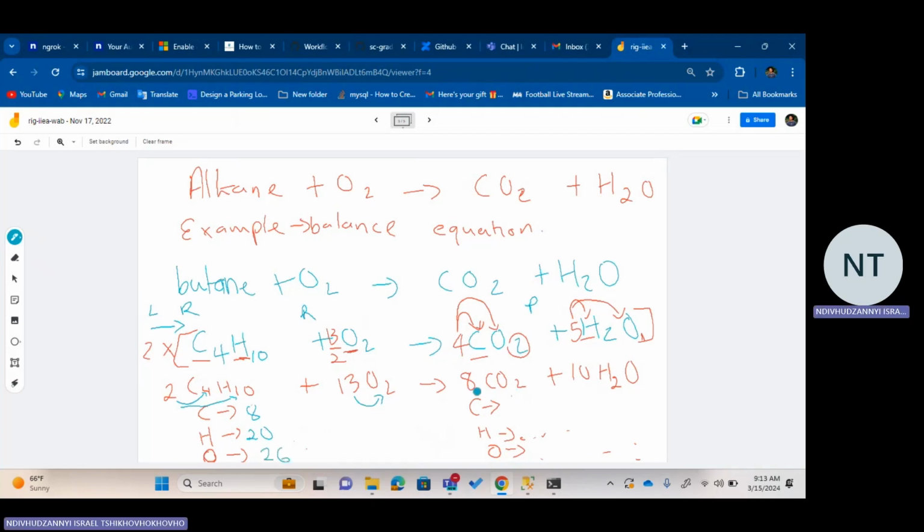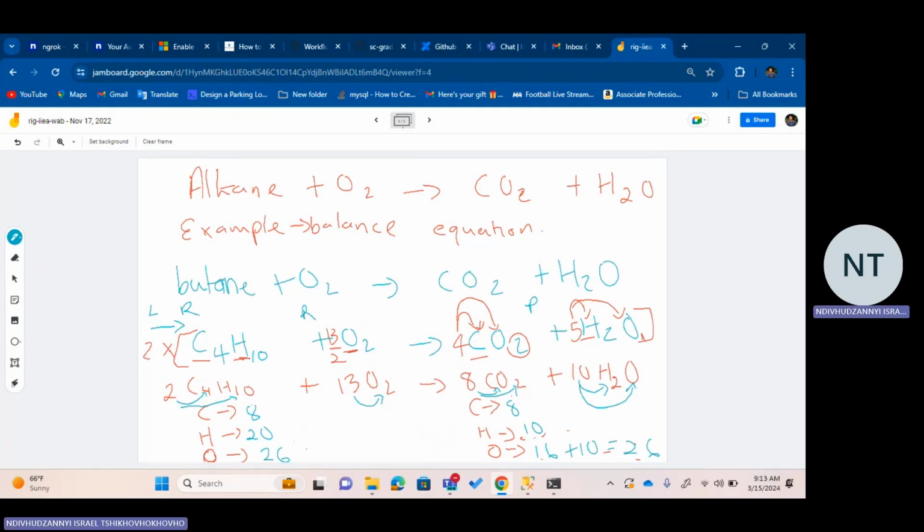On the other side, 8 times 1 is 8. Then for H, 10 times 2 is 20. For O, 8 times 2 is 16, then 10 times 1 is plus 10. So in total, you have 26. Then you can see that it is balanced.